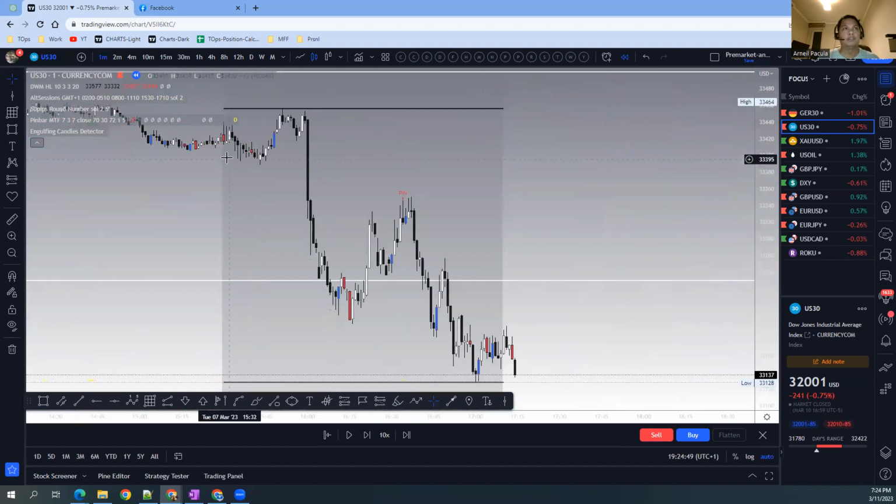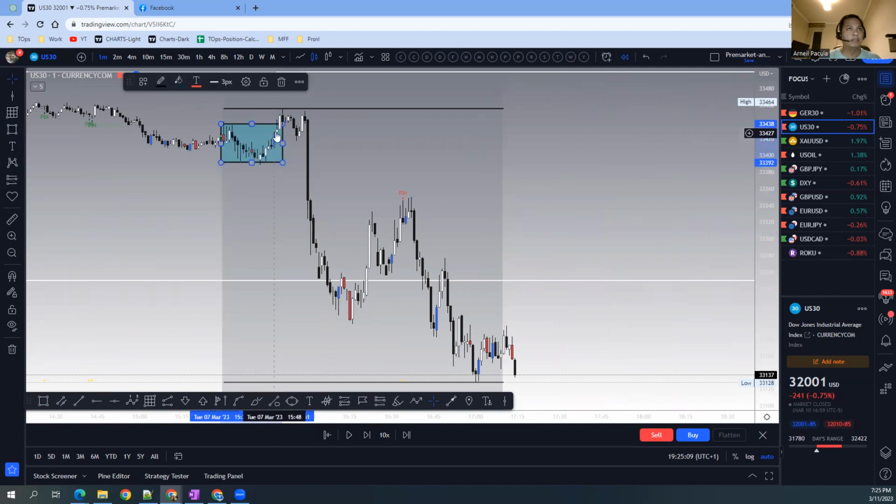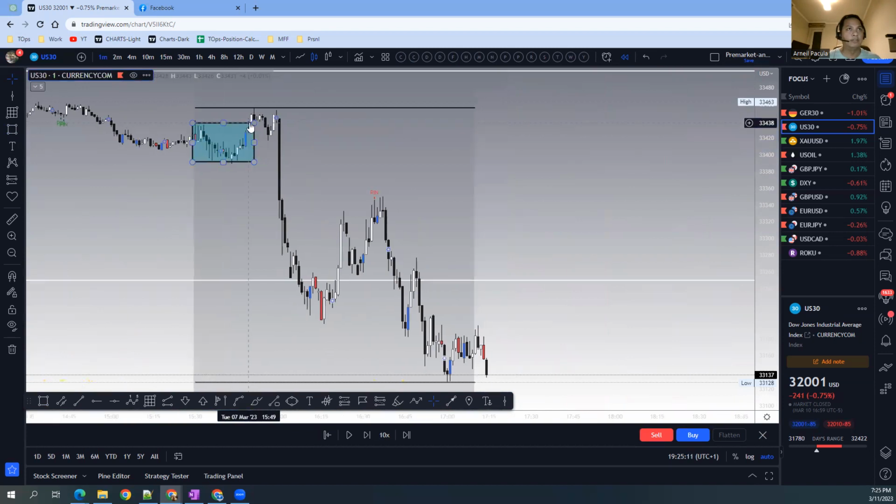Okay, so this is 3:30. So like what I told you, bearish tayo sa US30. So opening price is here. So we go a little bit higher than that opening. This is now the accumulation.